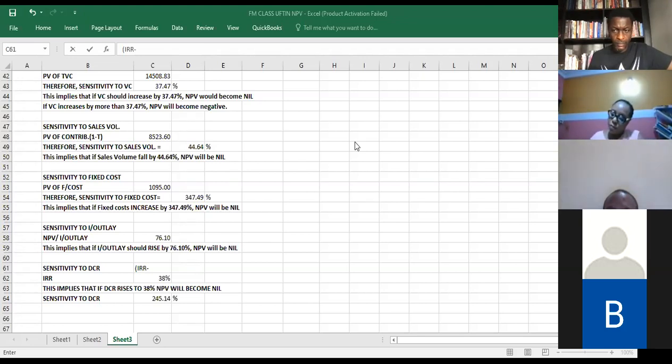So the discount rate would have to change by 245.14% for NPV to become negative.